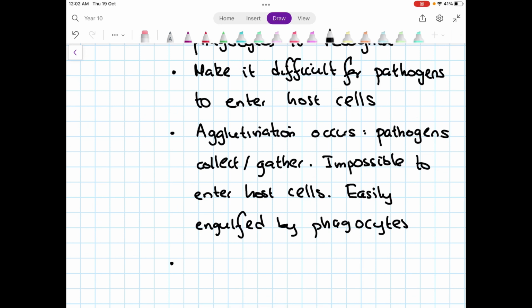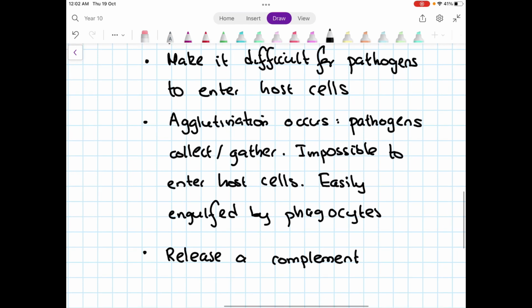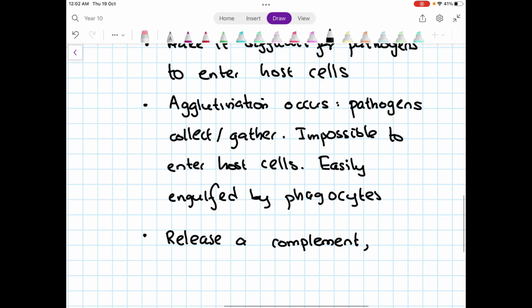Finally, when antibodies bind to pathogens, they could also release a complement, which creates a small hole in the pathogen.